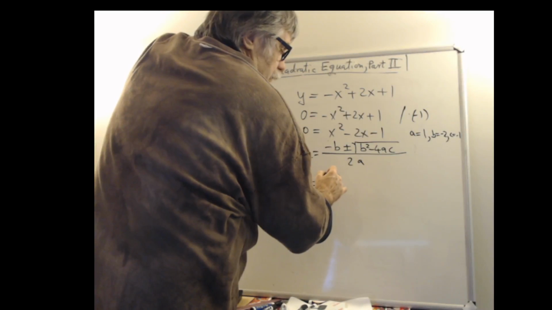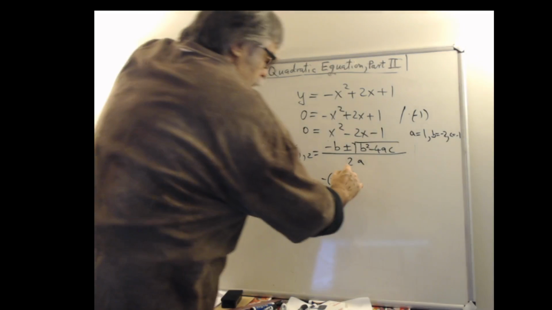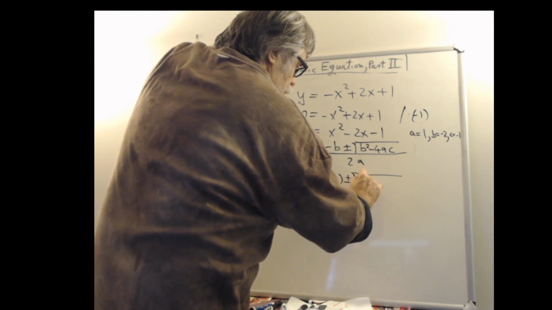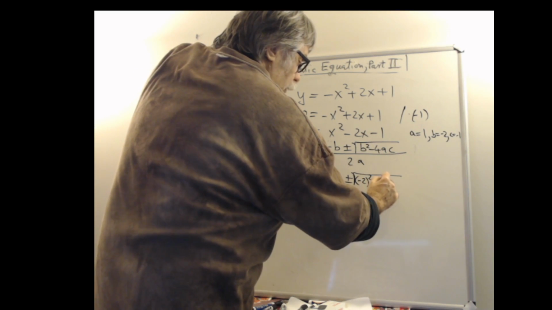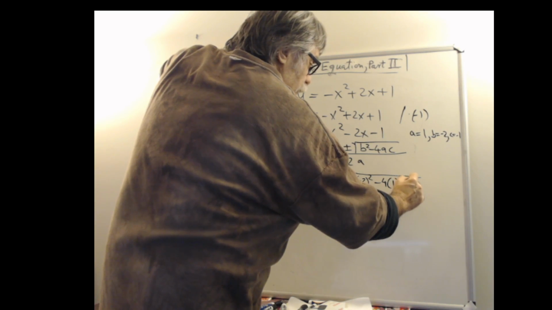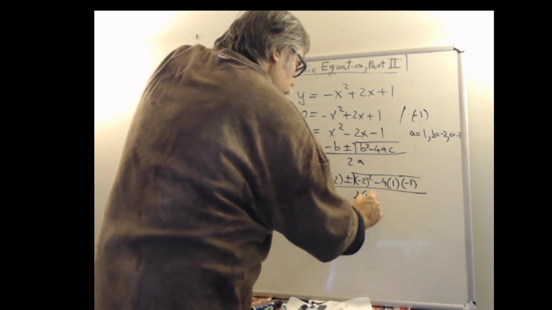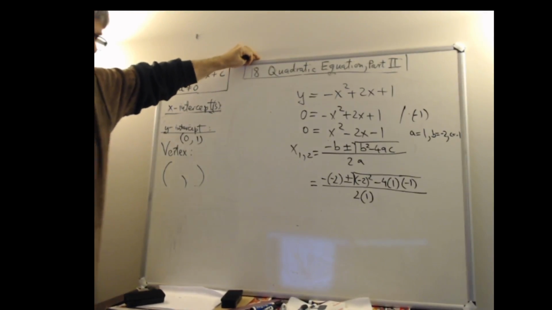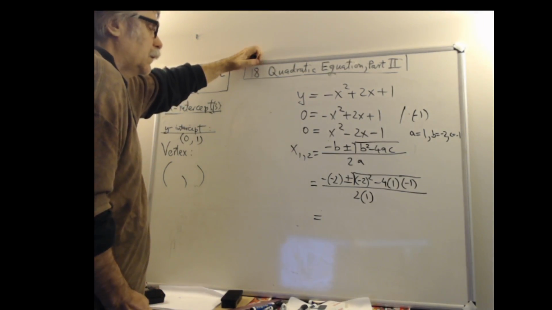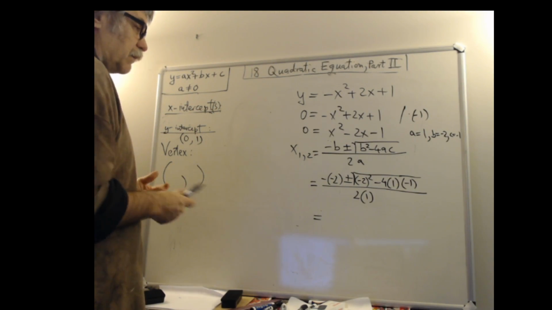You plug in negative 2 for b, plus or minus the square root of b squared minus 4ac, divided by 2a. Not an easy thing to do. Well, it's not really that hard to do. It's just a question of so many places you can make a mistake with sign easily.